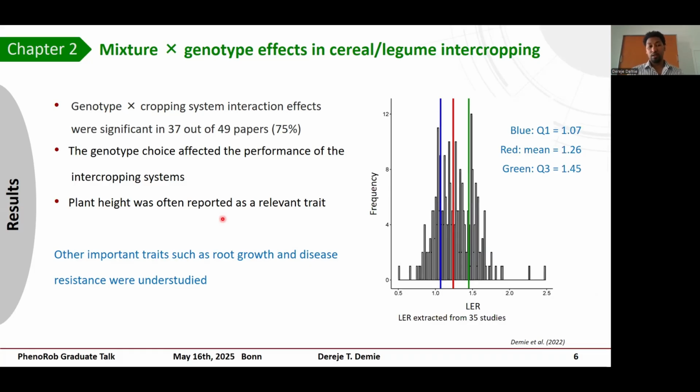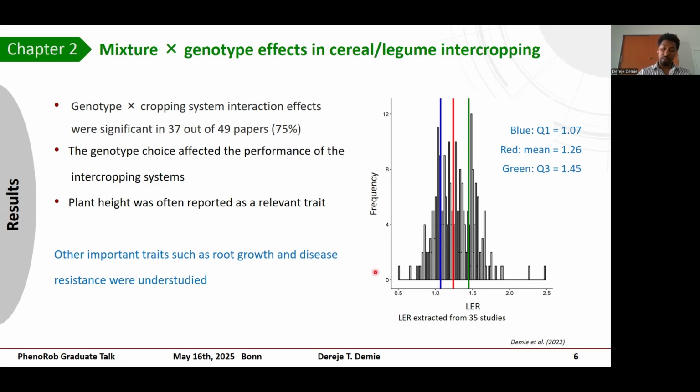If we look at the land equivalent ratio extracted from 35 studies, on average, intercrops have 26% higher land use efficiency compared to monocultures. But in the distribution, there are some points below 1 and several points above 1, and 1 is the point where we say intercropping is better or worse than monoculture.